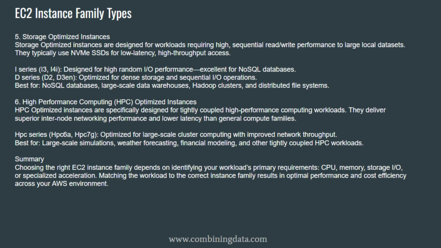Memory heavy, memory optimized. Specialized acceleration, accelerated computing. Disk I/O heavy, storage optimized. Large, tightly coupled clusters, HPC optimized. On the AWS exam, the question almost always tells you the answer. You just need to listen for the dominant requirement.